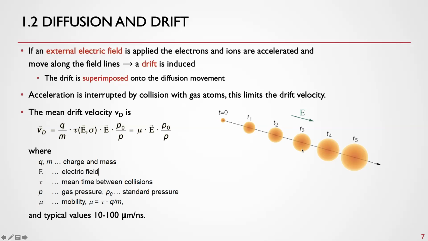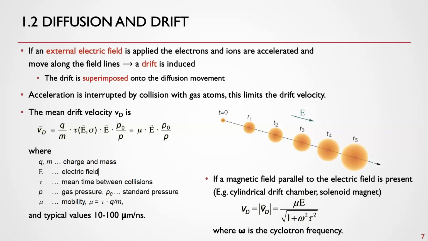And you better make sure when you design a detector that the drift velocity is large enough so that the initial deposit can hit somewhere a sensitive detector element before it has completely diffused, because otherwise you completely lose your spatial resolution in the detector. Typical values for the drift velocity are in the 10 to 100 kilometer per second regime. So the drift velocity can be chosen much larger than the diffusion velocity is.